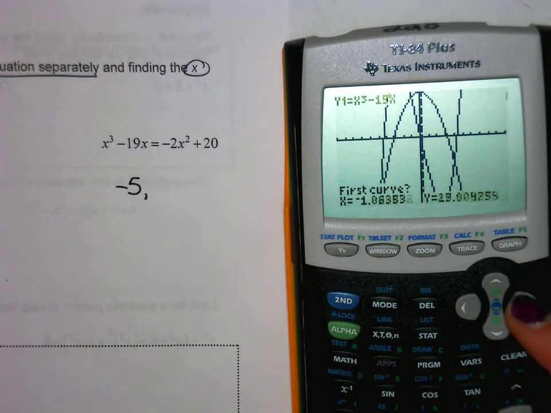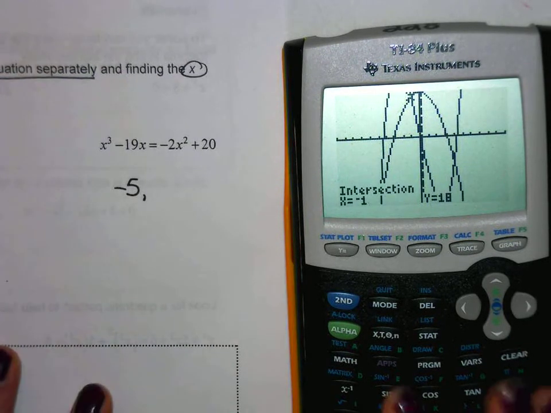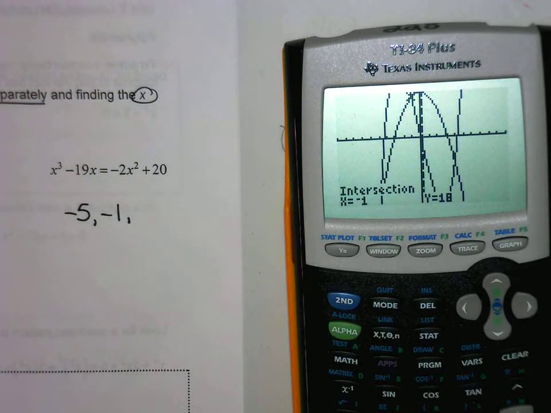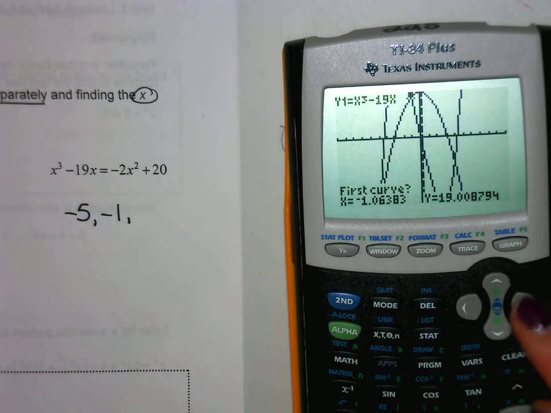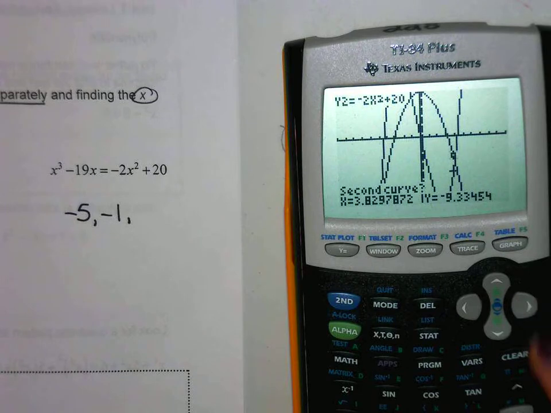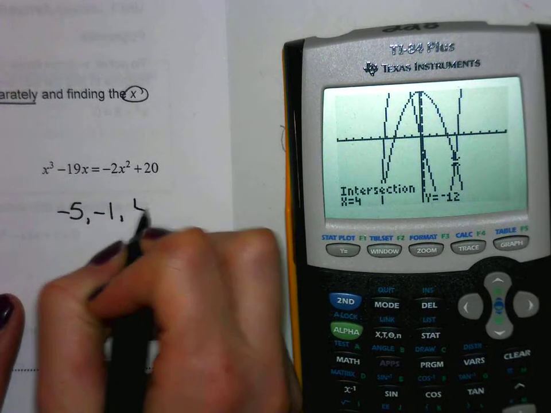Closer over here. Second curve. Next solution is at a -1. And let's find our third solution. Enter. Third solution is at 4.